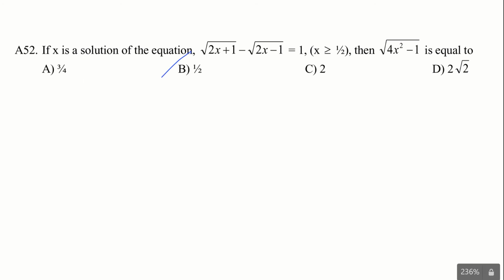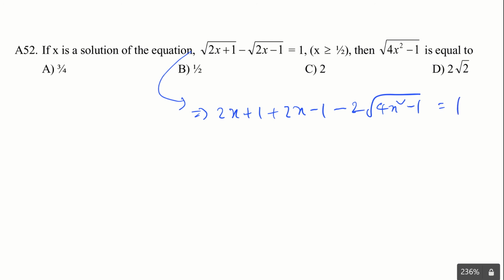Okay, in this problem, I square it on both the sides. I'll have 2x plus 1 plus 2x minus 1 minus 2 root 4x square minus 1 equal to 1. This gives me 4x minus 1 is equal to 2 into root of 4x square minus 1.